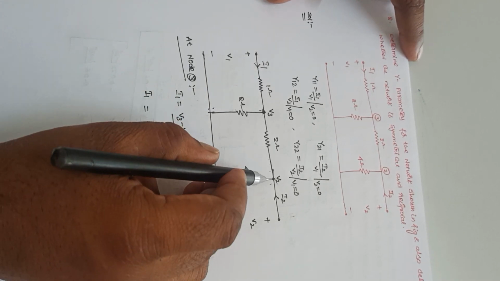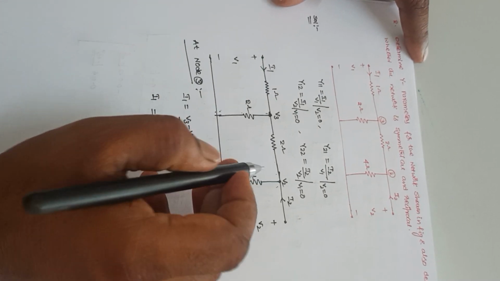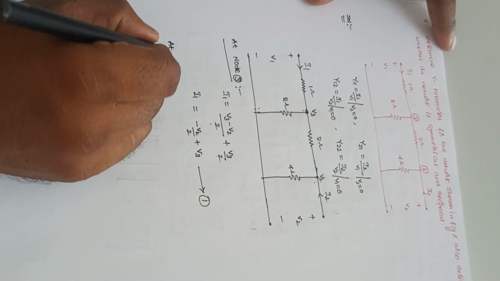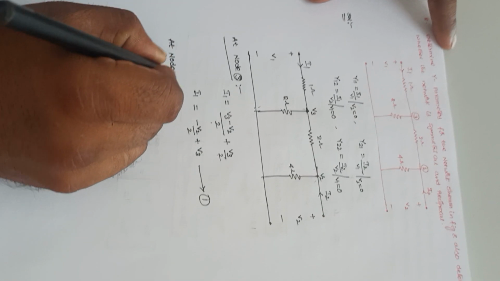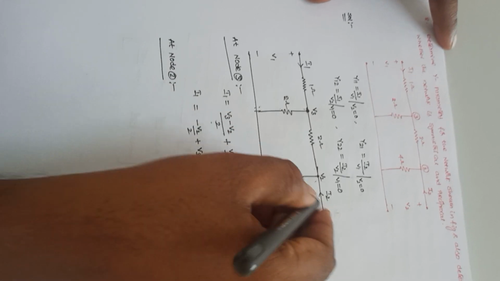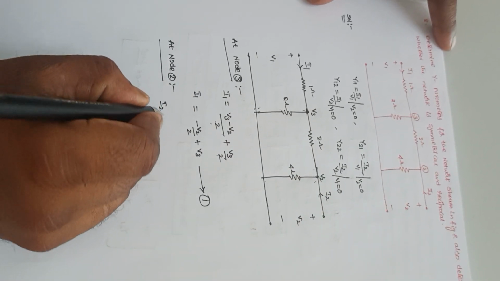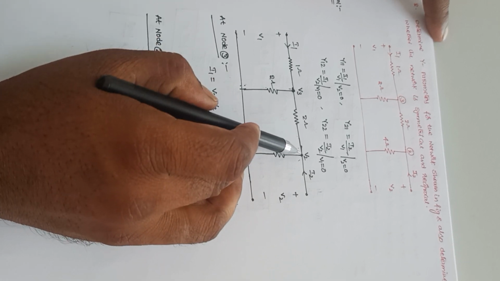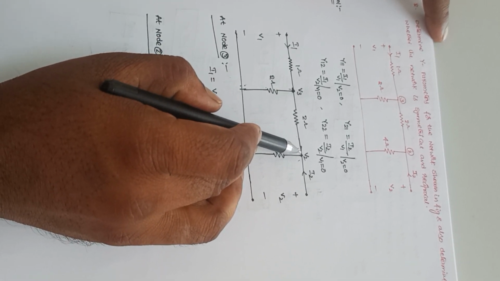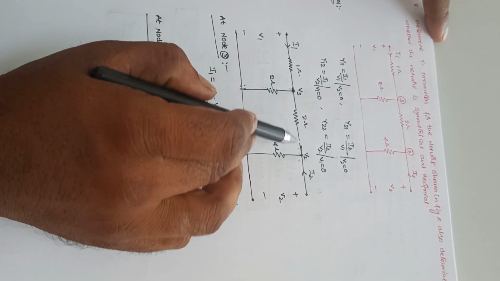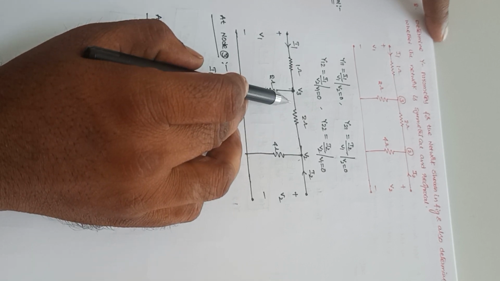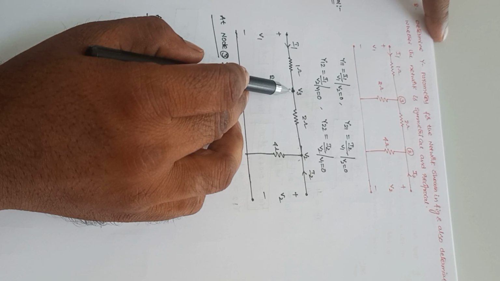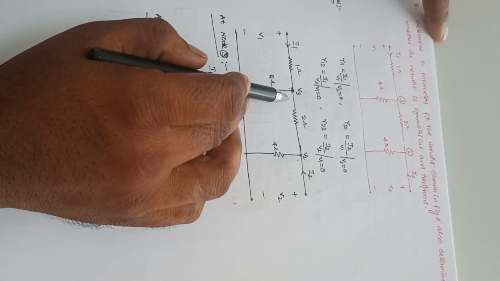Next, if I apply the nodal analysis at node 2, this current I2 is equal to the sum of the leaving currents. Now I am assuming that the current is flowing in this direction. If the current flows in this direction, then V2 is higher than V3, and only then does the current pass in this direction.